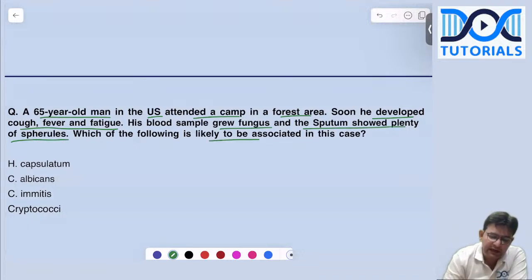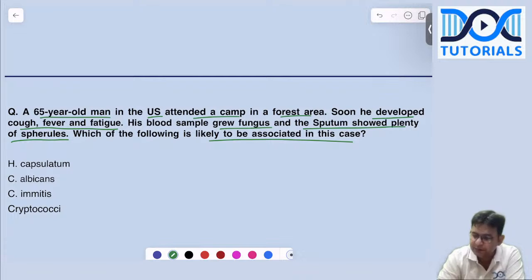Which of the following is likely to be associated with this case? Tell me in the comment section what your answer is for this. I'm waiting.